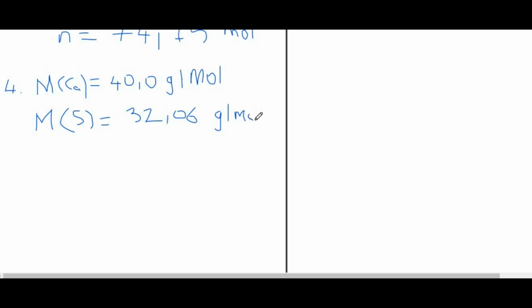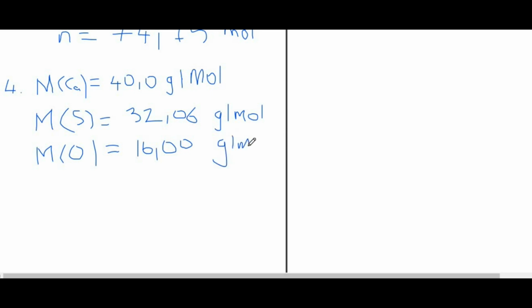The values might slightly differ depending on the type of periodic table you are using, but always use the values provided at the back of your question paper, or sometimes the question itself will give you the molar mass. So the molar mass of oxygen, according to the periodic table that I was using, will be 16. Some may say 16 point something, some round off. So you have 16.00 grams per mole.